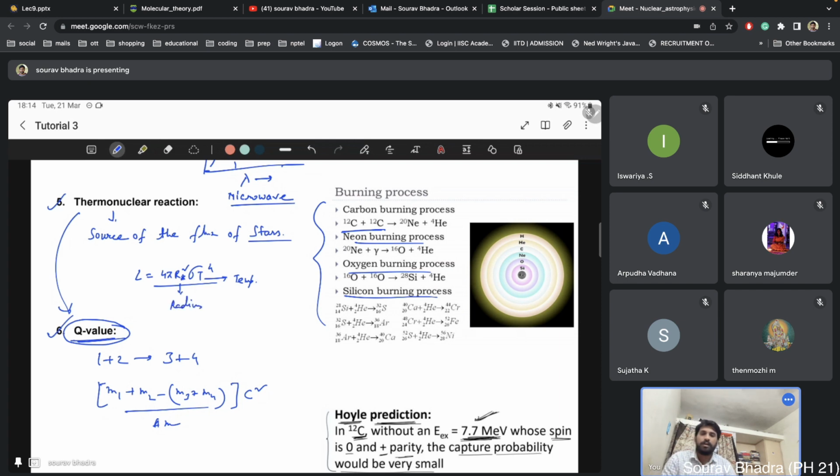From that luminosity we have also calculated the flux, which can be measured at a distance d. If this is a star with luminosity L, and you are measuring from a distance d from that star, then your flux will be the luminosity of the star divided by 4 pi d squared.